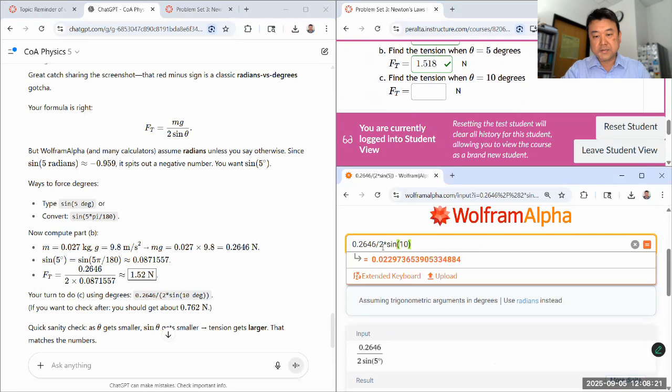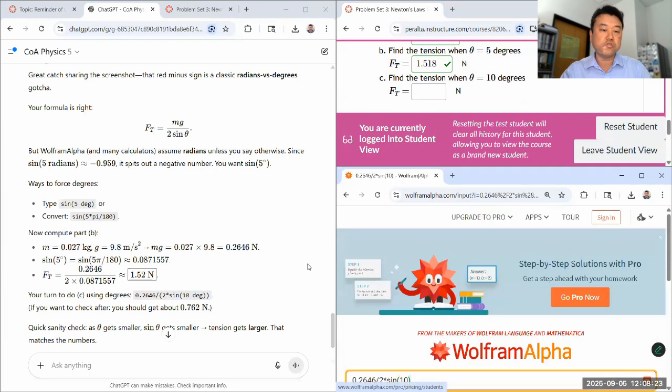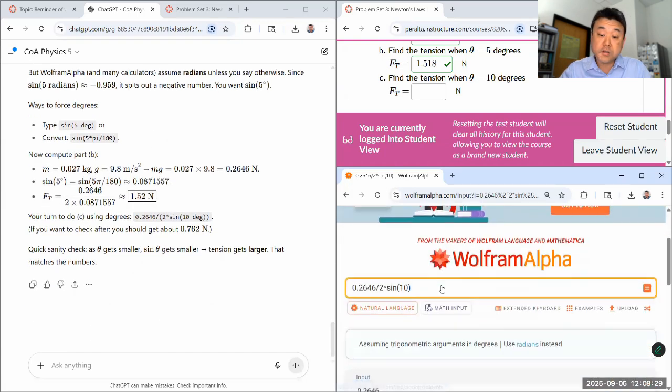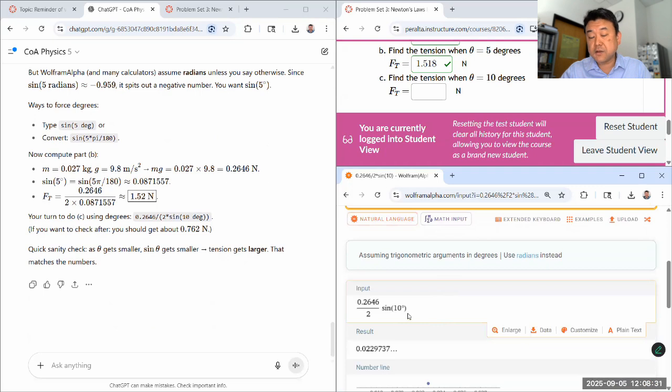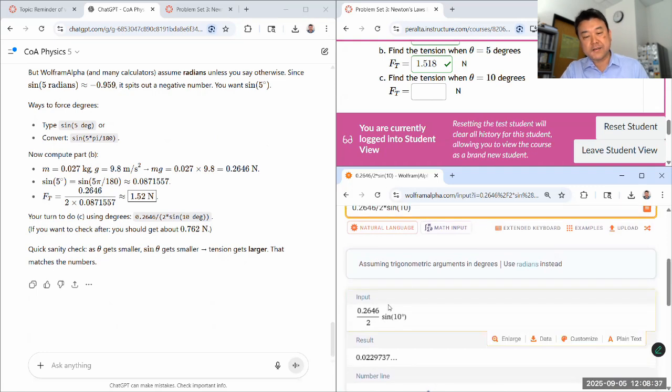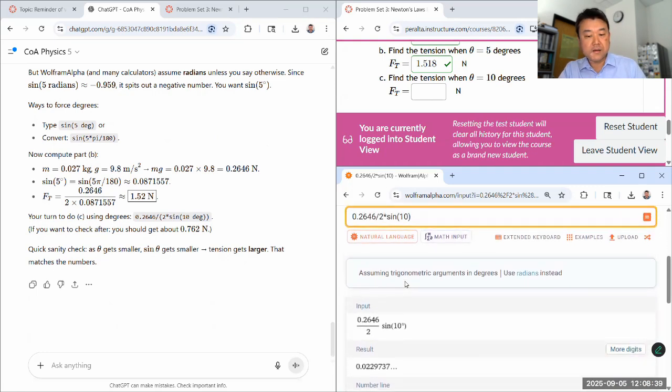So here the sine of an angle actually goes in the numerator. And the way Wolfram Alpha tells you, in its input interpretation, you can actually see that. You can see the sine of 10 degrees didn't go in the denominator as it should. But let's pretend that I didn't catch that, and again complain. Okay, thank you.